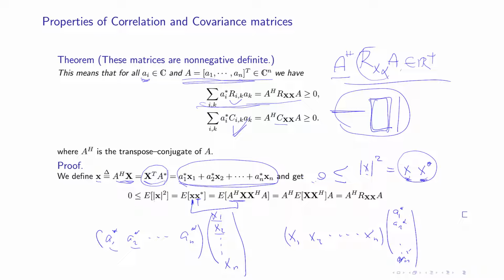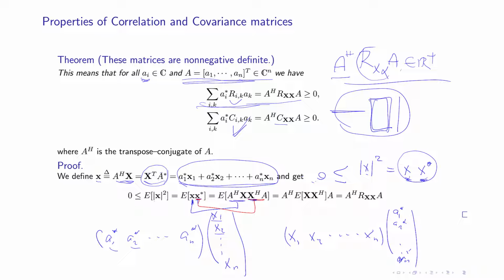If I put a conjugate on this one, this X transpose becomes X Hermitian, and this A conjugate becomes A. So the second part is equal to this one.